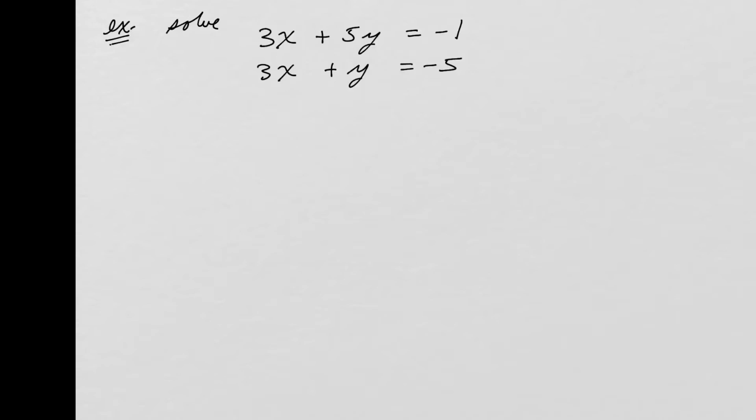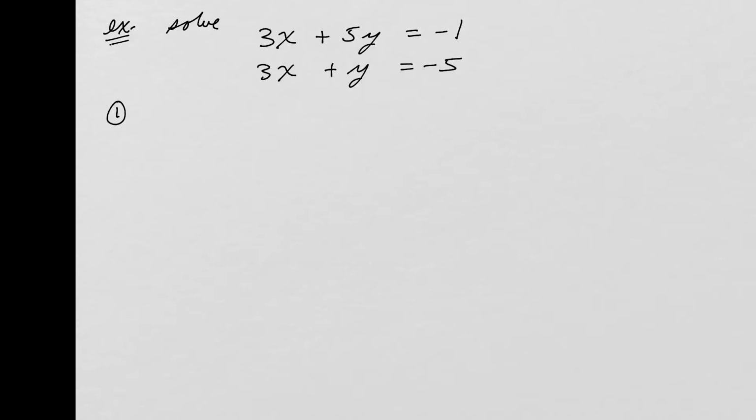Okay? So remember, step 1 was to solve for one of the variables in one of the equations. Well, if you look at that, it looks like the easiest variable to solve for is maybe y in the second equation, because I already have one y. I don't have to divide by anything at the end.